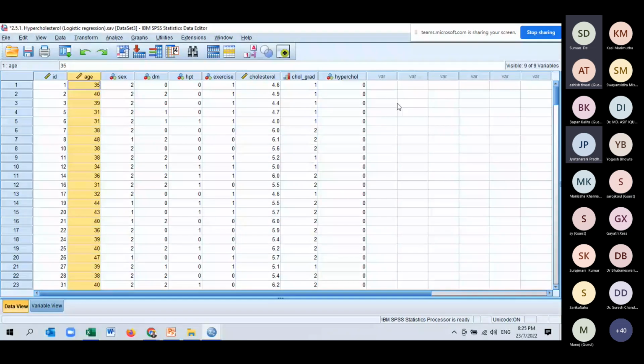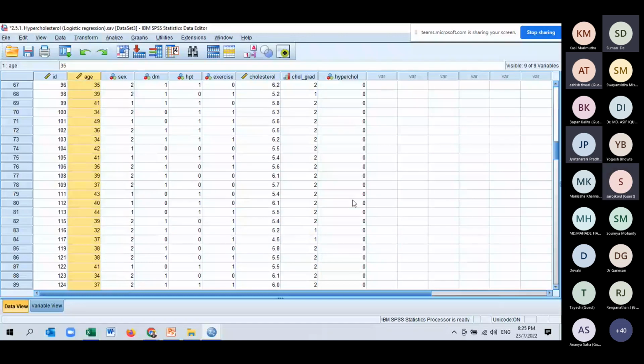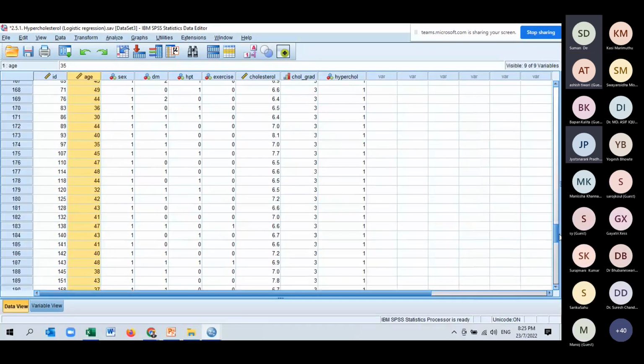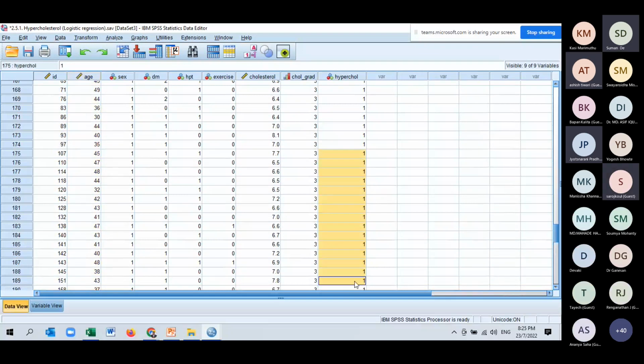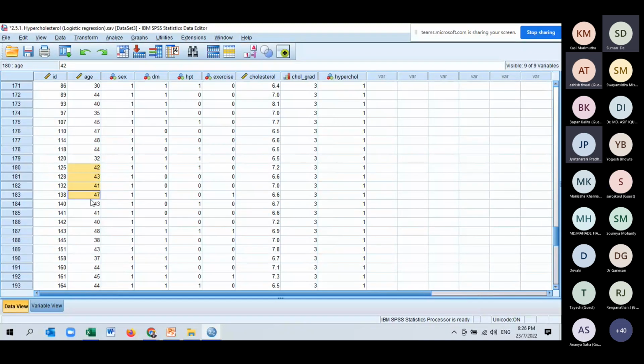So 0 means not hypercholesterol, and 1 means hypercholesterol. The borderline is 6.2 and above. There are 2 categories. So as age increases 1 year, how much does the risk of being hypercholesterol increase?